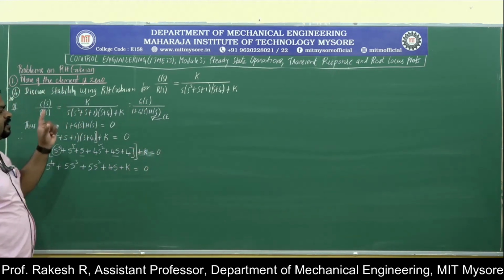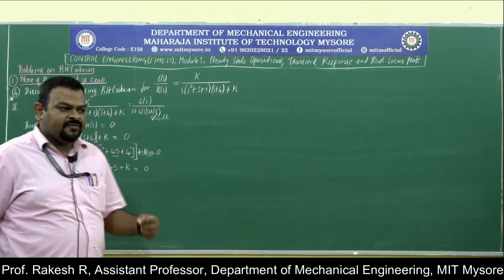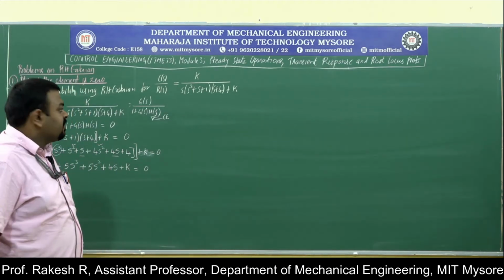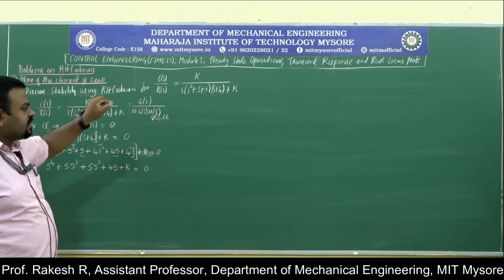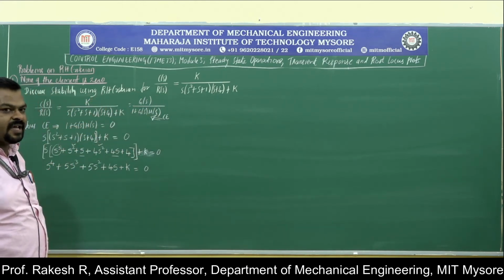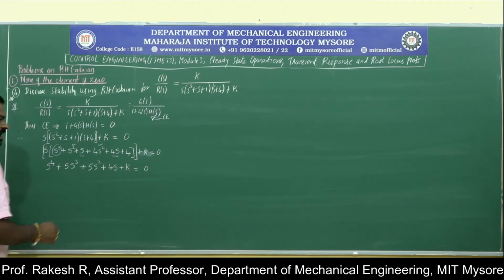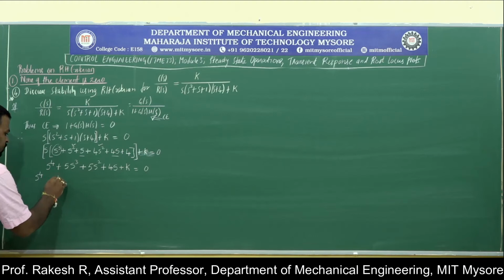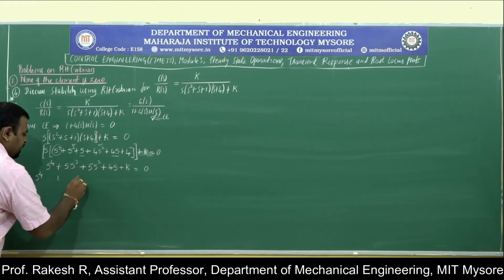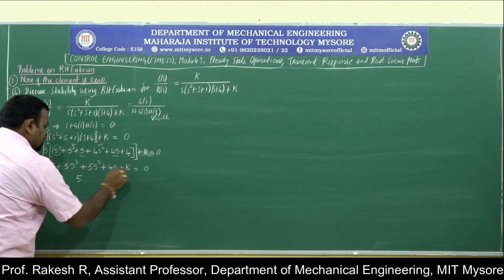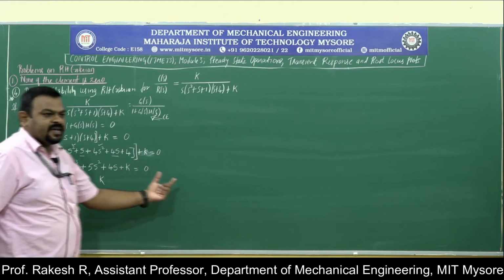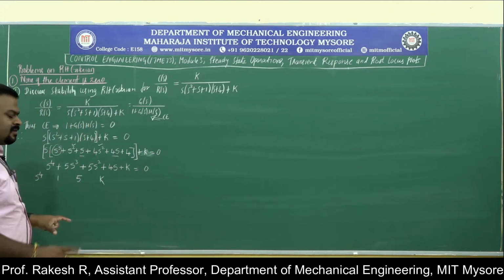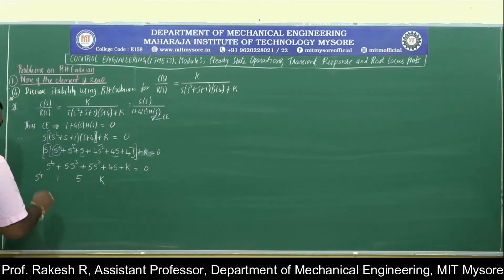So here you need to find out the value of K also for the stable system. It is not asked in the question, but whenever there is a K, you have to find out the value of K. Let us write the Routh array: S to the power of 4, coefficients 1, then 5, then K. If there is a K term, I will leave some gap because the K terms will be occupied here.